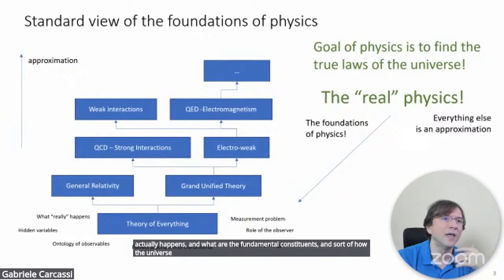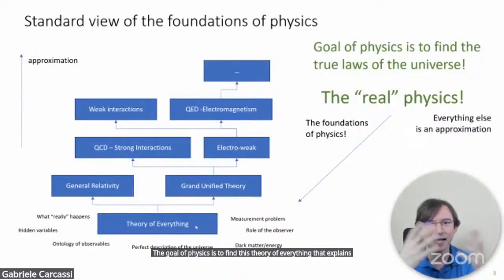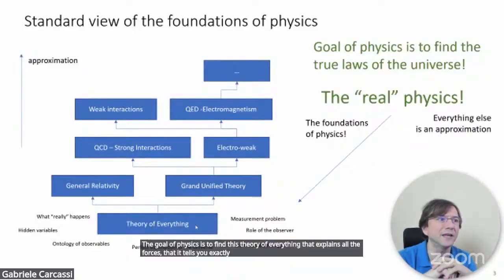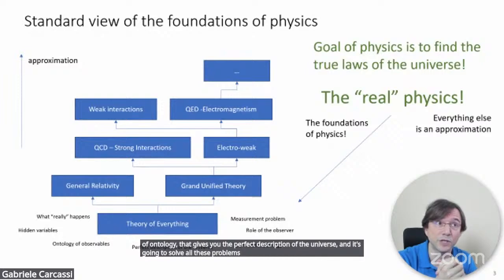And so the goal of physics is to find this theory of everything that explains all the forces, that tells you exactly what are the pieces, that gives you some kind of ontology, that gives you the perfect description of the universe, and it's going to solve all these problems that we have in the foundations, right?